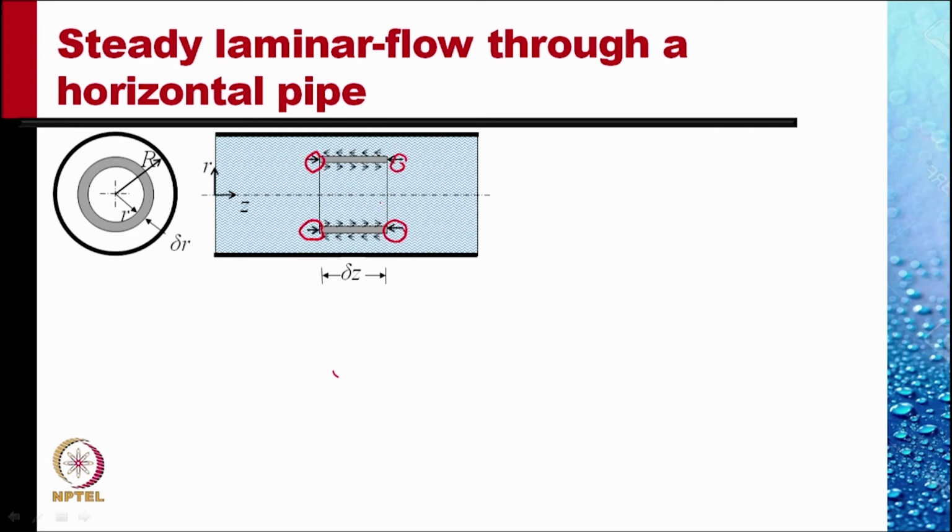On the inner surface, the shear stress would be towards the right because fluid inside this ring would be moving faster than this fluid, so the shear stresses would tend to pull it towards the right, but the shear stresses on the outside would be to the left, trying to slow it down.